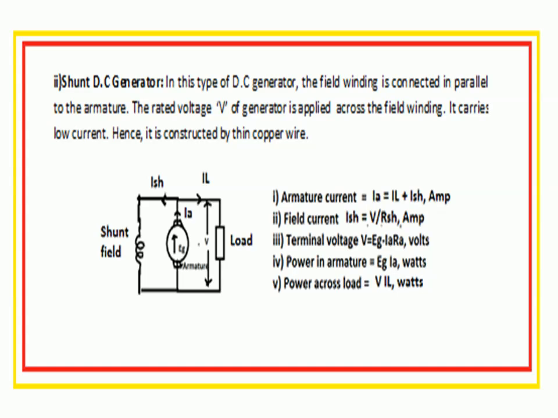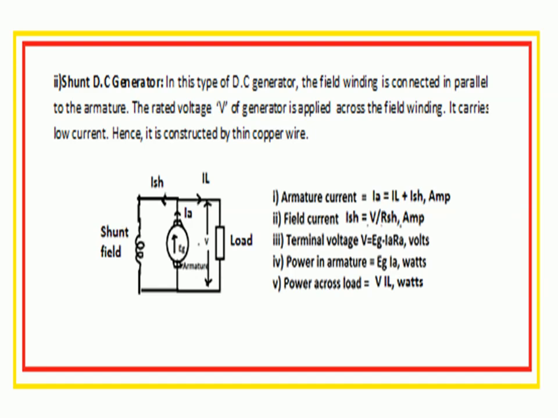The field winding is connected parallel to the armature, or shunted across the armature winding. Such a generator is referred to as a DC shunt generator. The same terminal voltage is available across the shunt field winding.